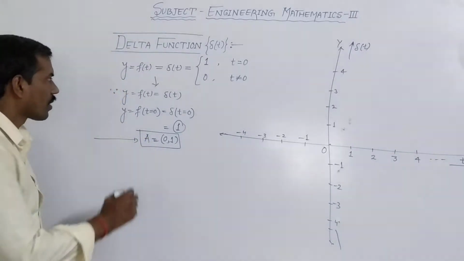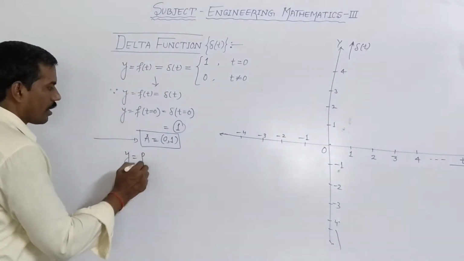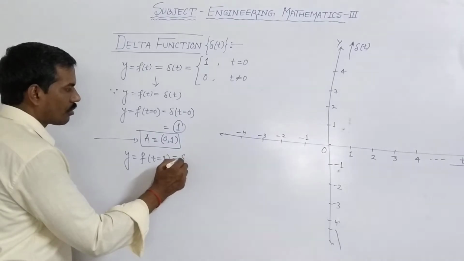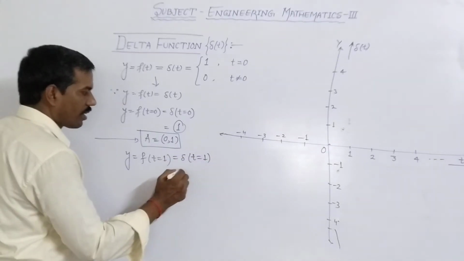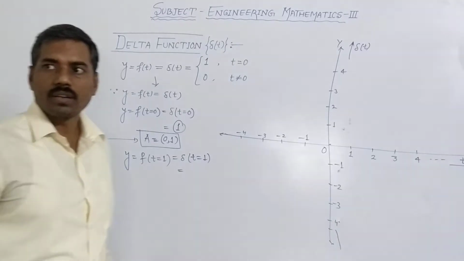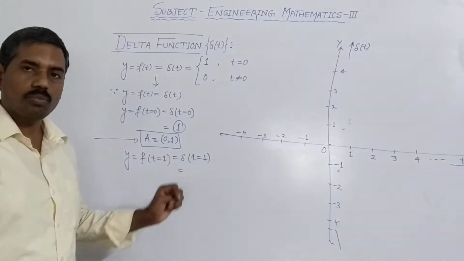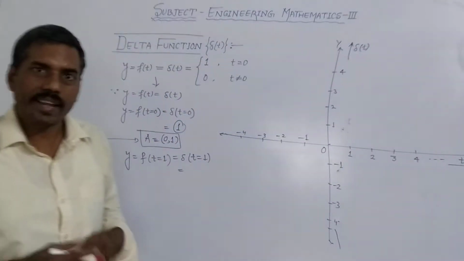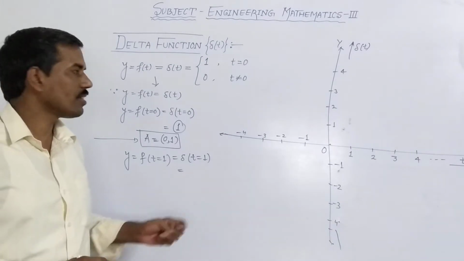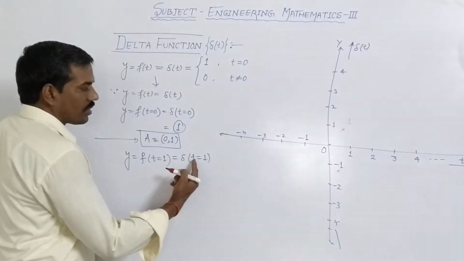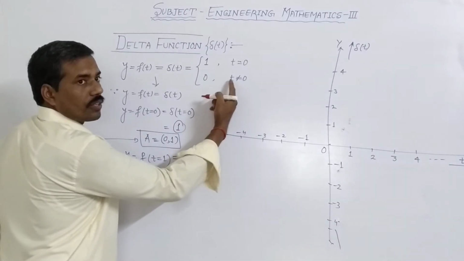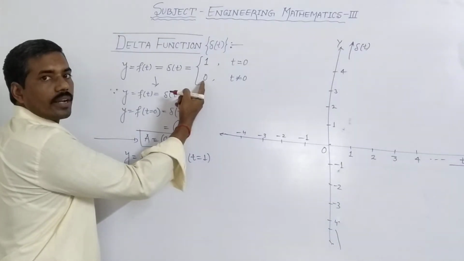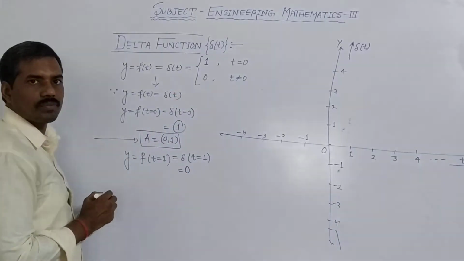After that, if f of t is equal to delta of t, and t is equal to 1, what is the value of y at t equal to 1? Since t acts along the x-axis, when x is equal to 1, then y is, since t equal to 1 is not equal to 0, delta of 1 is 0.